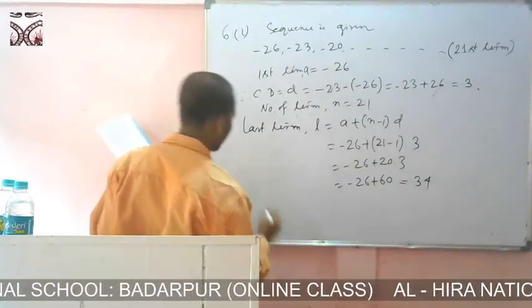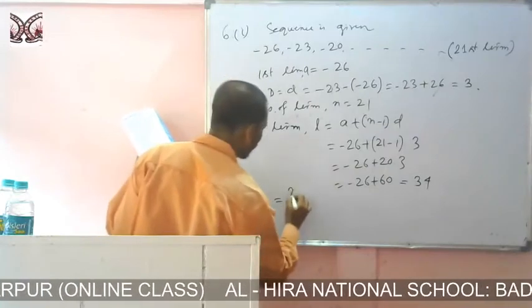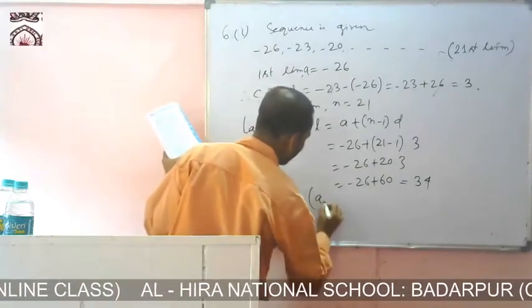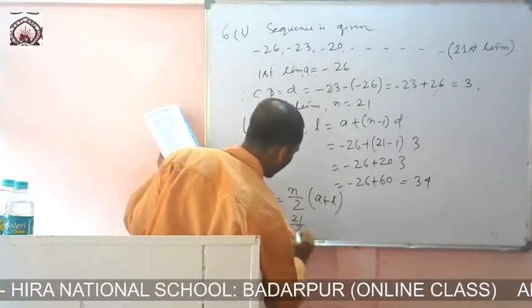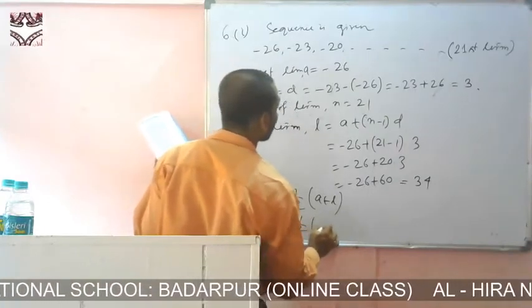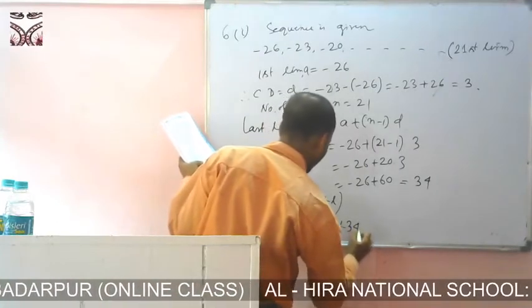Now the sum of n terms. The formula for Sn is n by 2 into A plus L. So n is 21 by 2, A is minus 26, and L is 34.